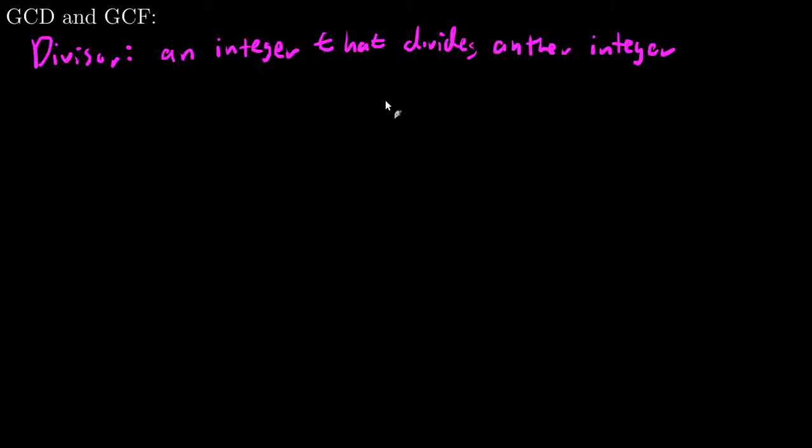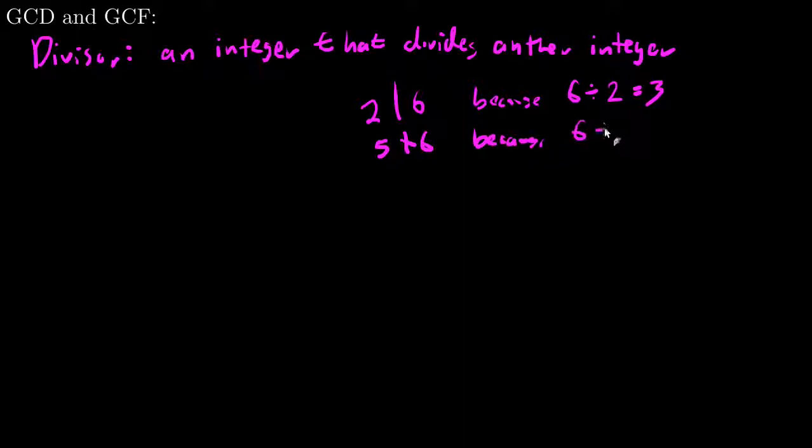So for instance, 2 divides 6 because 6 divided by 2 is 3. 5 does not divide 6 because 6 divided by 5 is going to give me 1 remainder 1. There's this 1 left over when I take all of the 5s out.